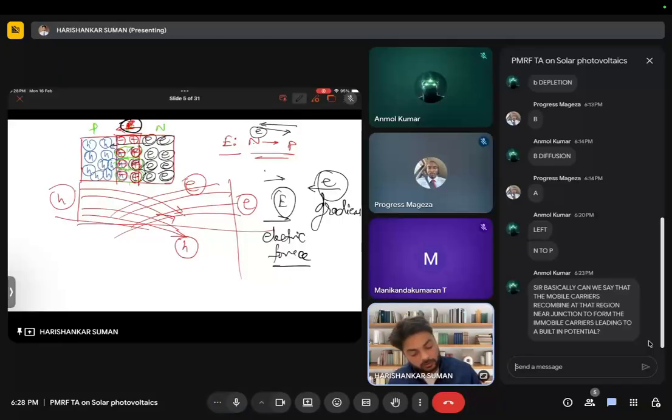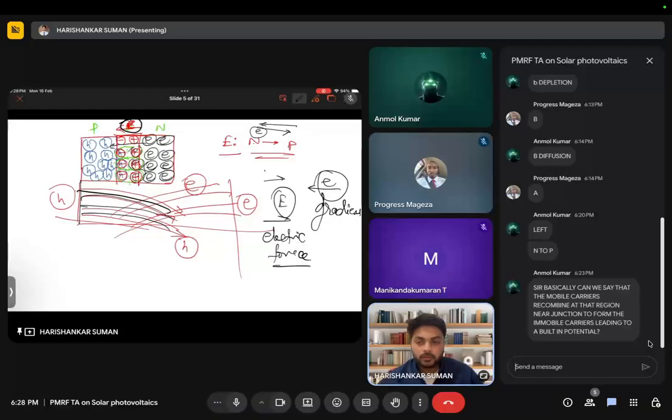This is called diffusion, due to the concentration gradient of the number of charge carriers. So initially diffusion will start and the electric field will keep increasing and become much stronger. At some point they are equal and opposite in direction, and will stop the diffusion. This point is known as the equilibrium point.